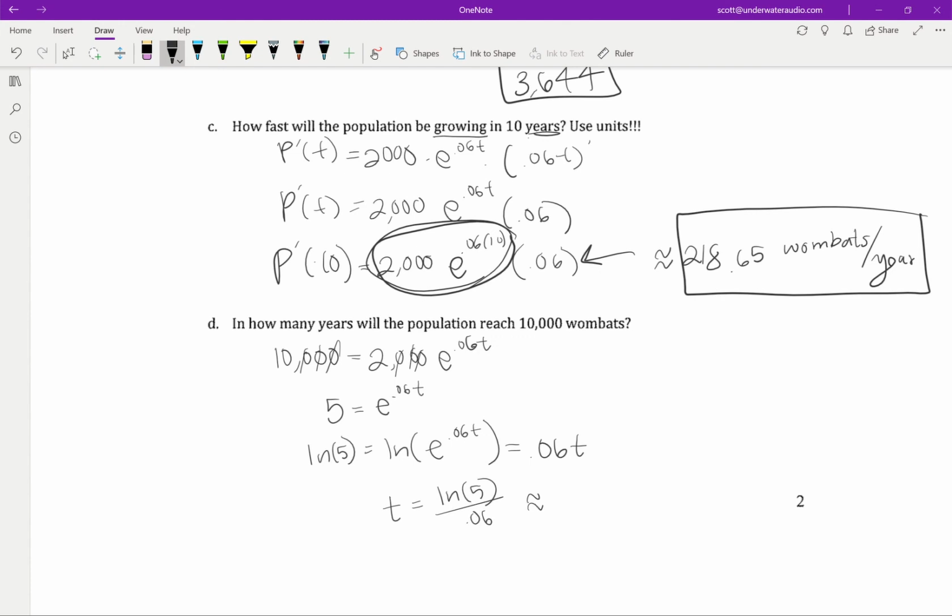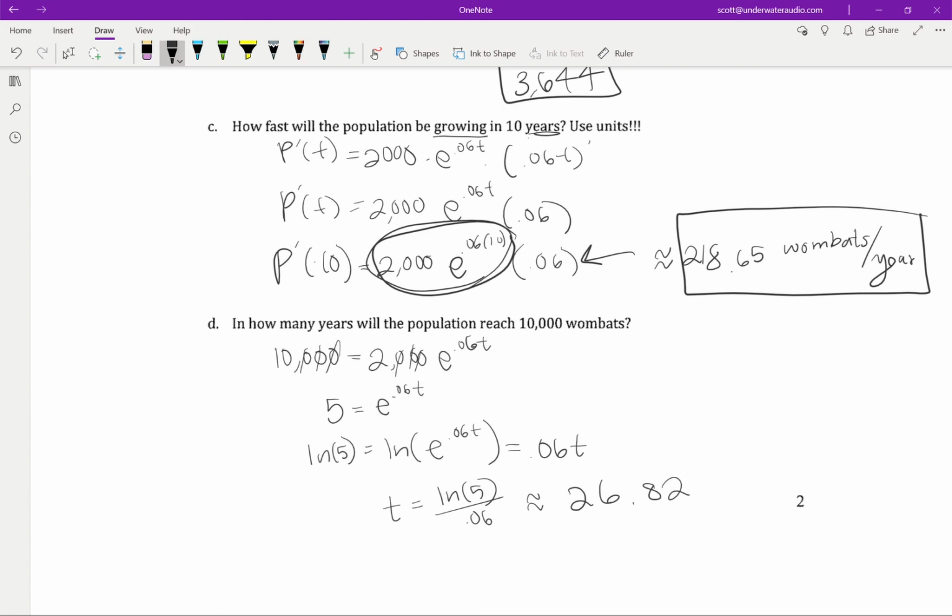Put that in a calculator. Okay, that would be 26.82. One thing we have to think about here is that in how many years will the population reach 10,000 wombats?